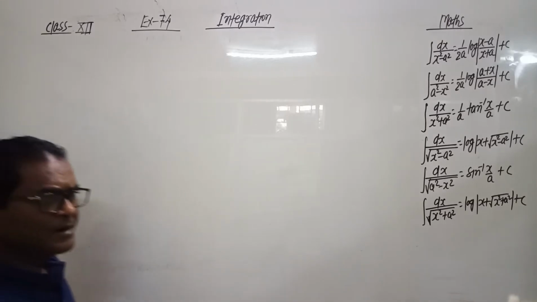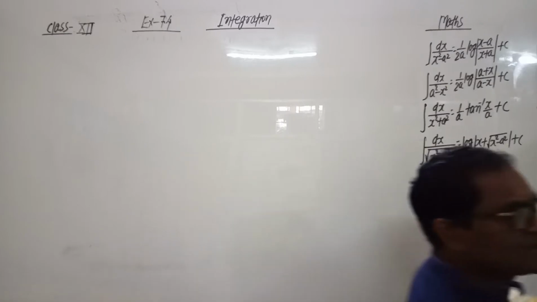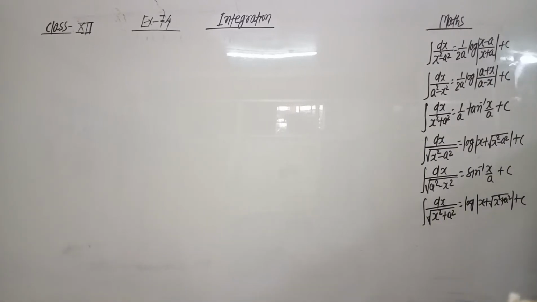We were doing integration exercise 7.4, and all these formulas we have derived already. Integration dx upon x square minus a square is 1 upon 2a log of x minus a upon x plus a. Integration dx upon a square minus x square is 1 by 2a log of a plus x upon a minus x.